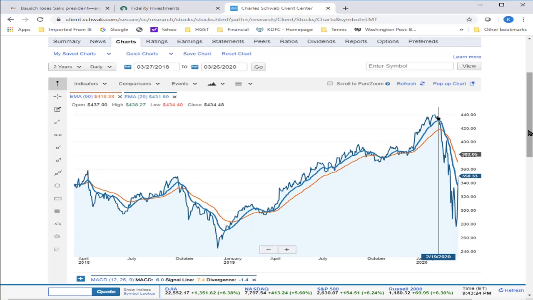And you will be hearing about many of the companies tapping their reserves as well as tapping their lines of credit in order to sustain themselves through this event.